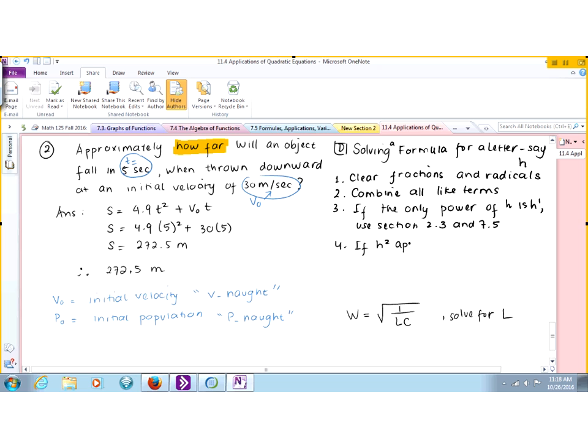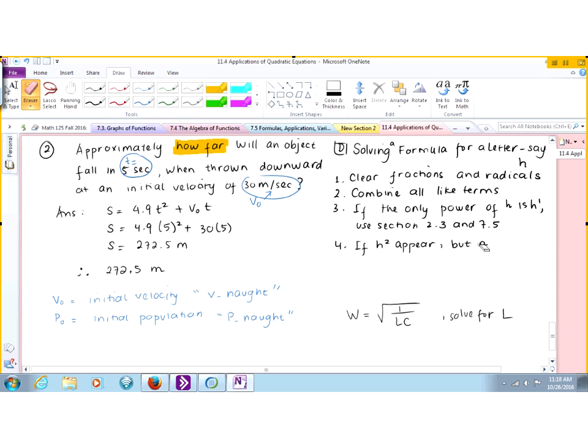If H square appears but H doesn't, solve for H using the principle of square root.